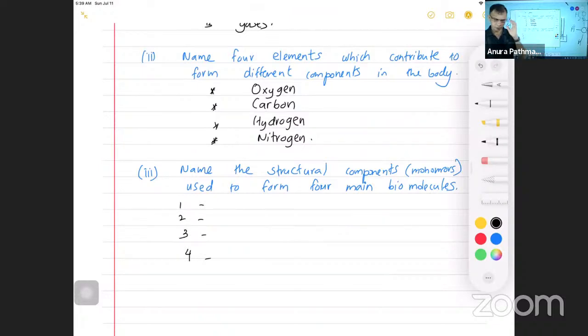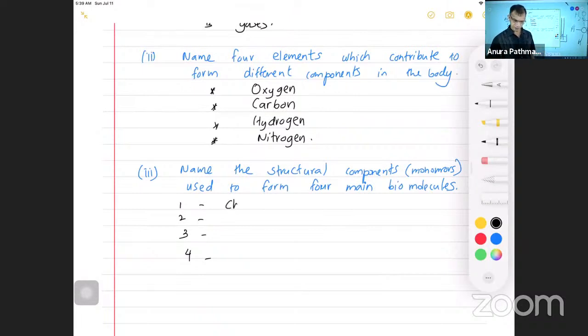There are four main biomolecules. Yeah, first one. Carbohydrate, thank you.